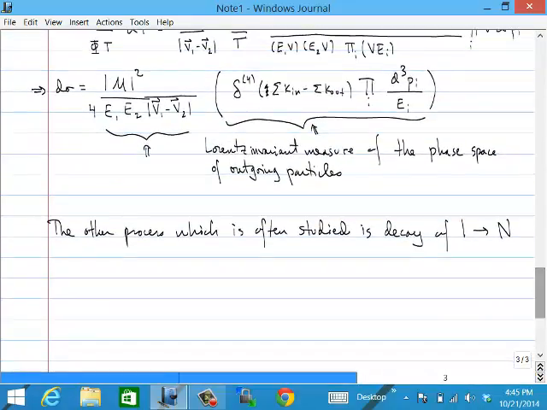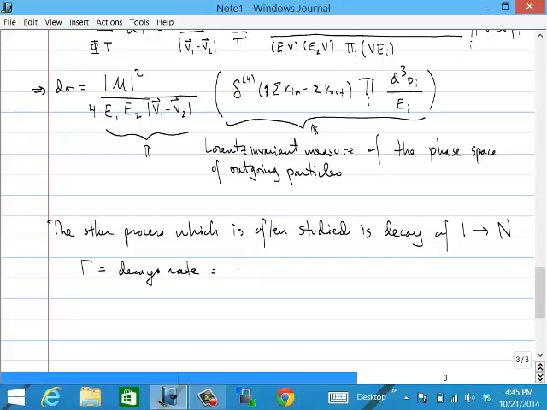Excellent. Okay. So if one's interested in studying a decay process rather than a scattering process, then you don't want to compute a scattering cross-section. Instead, what you compute is a decay rate. Okay? And the decay rate is typically denoted gamma, which is the total probability that some particle will decay per unit time.